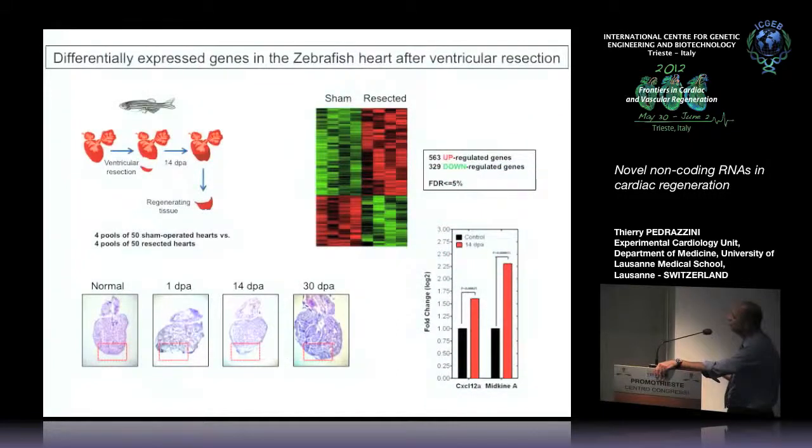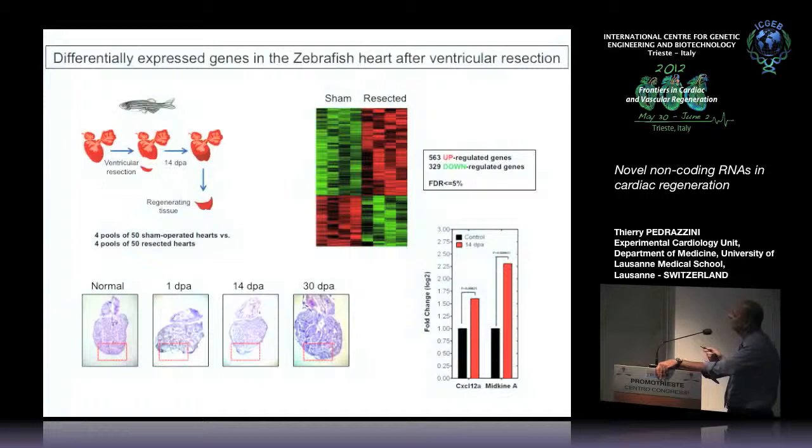Now the fish. We took the regenerative tissue from 50 fish and created pools. I mean, we used 4 pools of 50 fish, each sham operated or after resection.